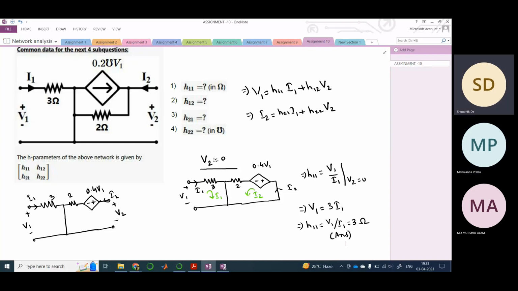No problem. I feel that the problem would get simplified because there is a single path. Otherwise, if you short it here, there would have been two paths, so two meshes, or for KCL, two paths.